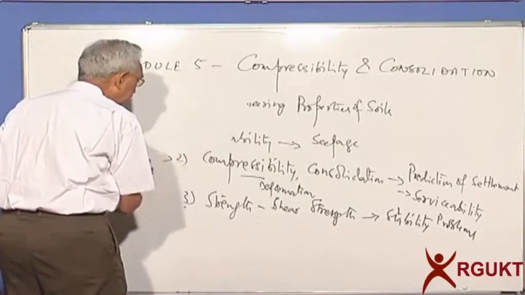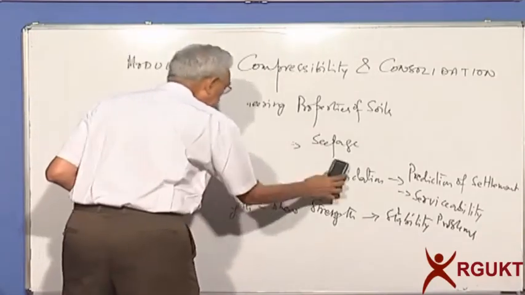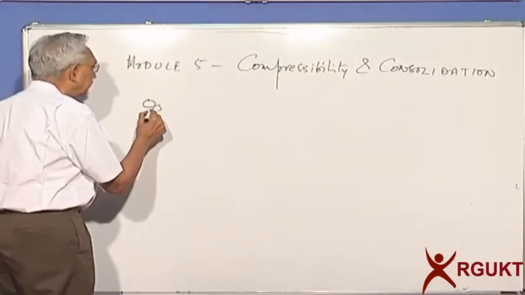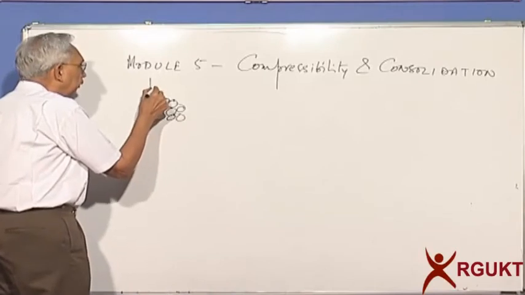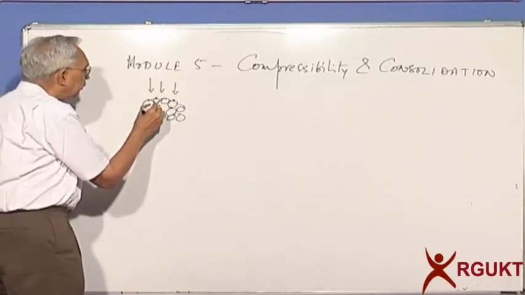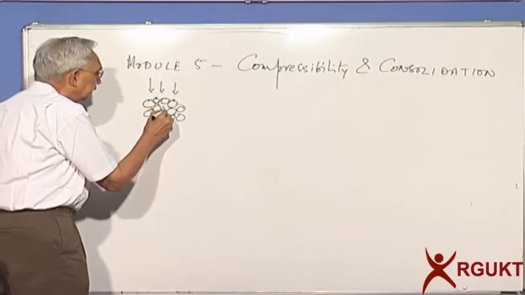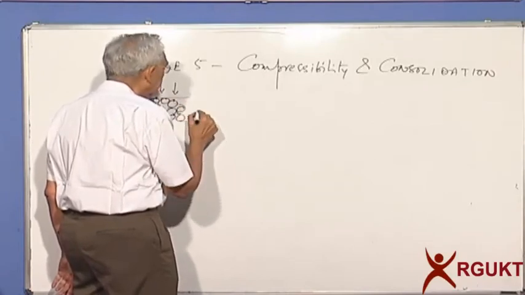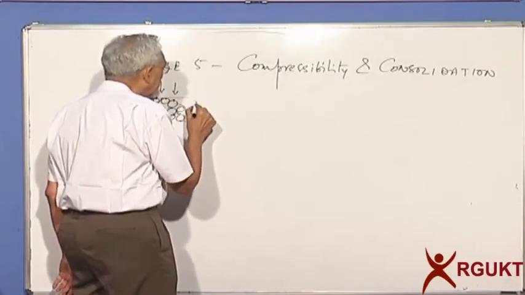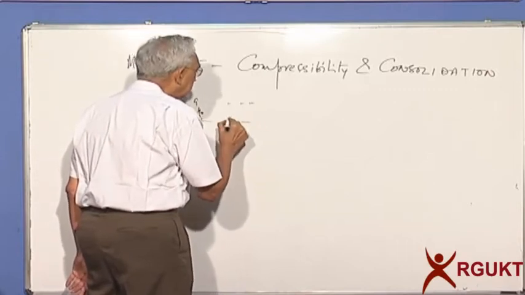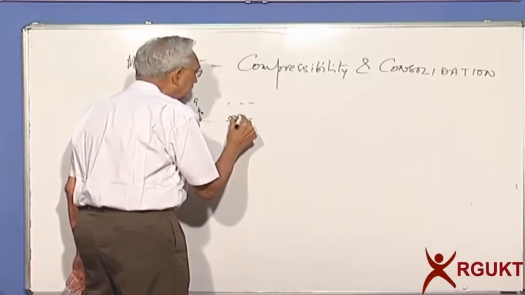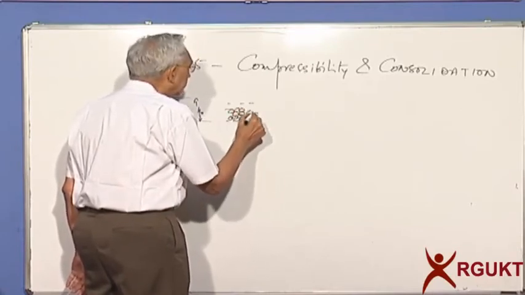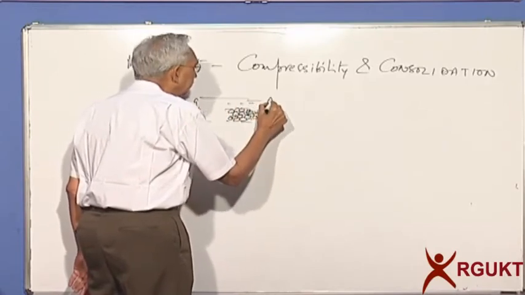So when I look at the compressibility, what happens to soil? Let us say the grains are all arranged in this fashion here. When you apply a load, if the particles can move along these places, they will try to arrange into a denser arrangement, which means if this is the original thickness, let us say H naught, because particles will now get rearranged into a denser packing, and this difference will give me the compression.